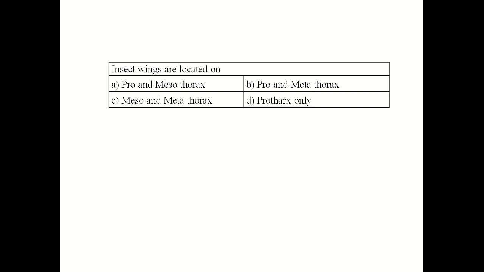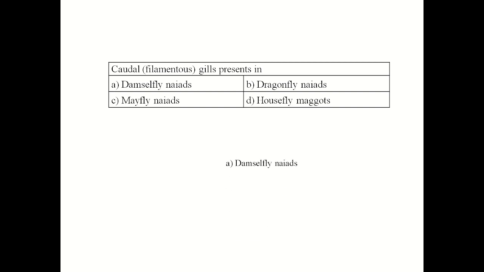Insect wings are located on meso and metathorax. Anal cerci present in cockroach. Caudal gills present in damselfly nymphs.